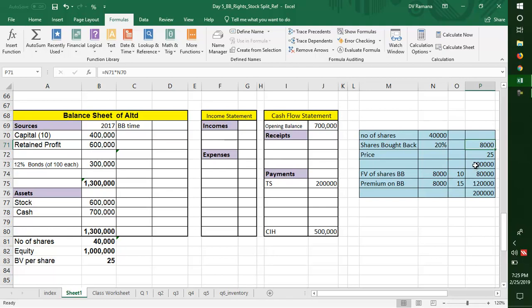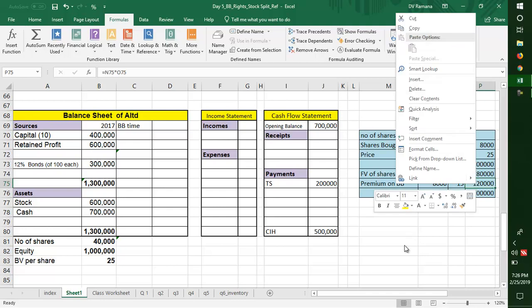But what does this 200,000 consist of? The 200,000 is 8,000 into 10, which is the face value of the shares, and 8,000 into 15, which is the premium. Premium is 25 minus the face value, which is equal to 15. So this is the information given.